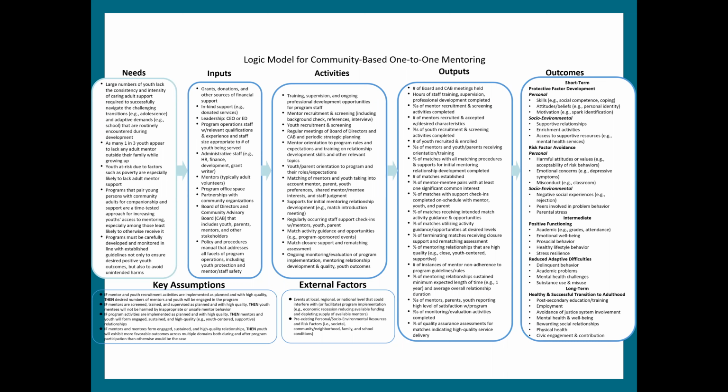But you need to figure out what your constituents need, what you're going to bring to them in the way of inputs and activities that are going to address that need, what are the outputs that are going to happen out of that, like the implementation indicators, number of times that you met and things like that, the activities that were completed.